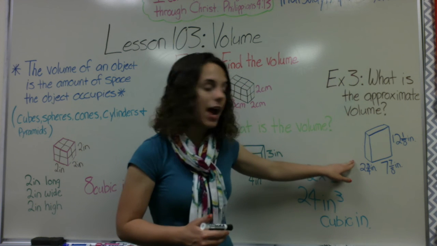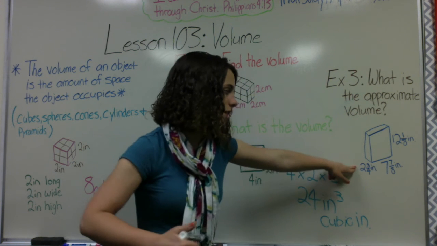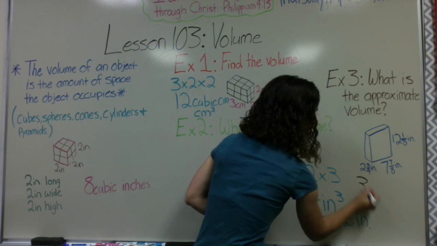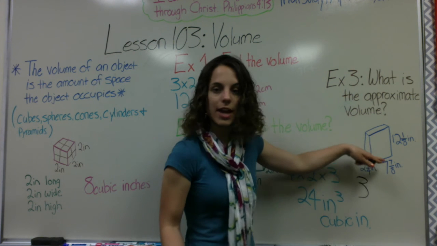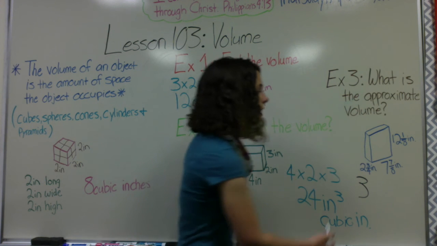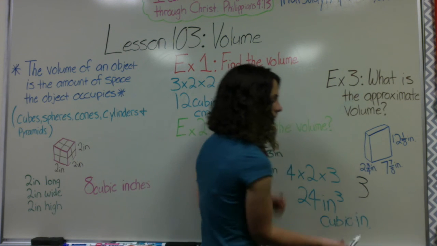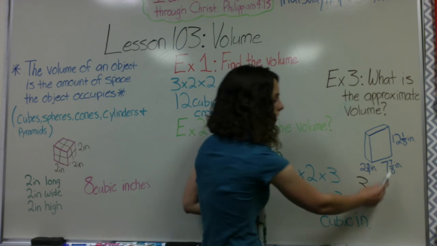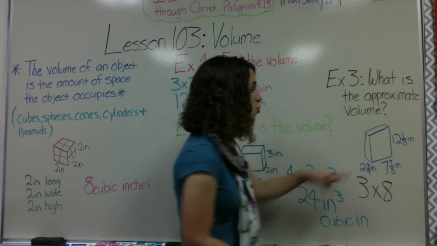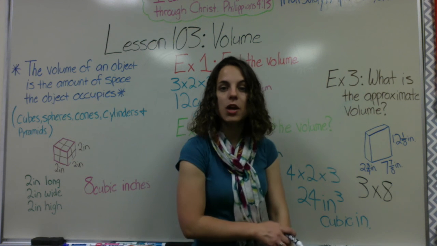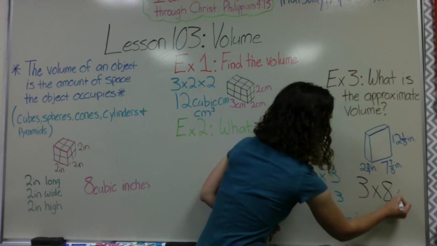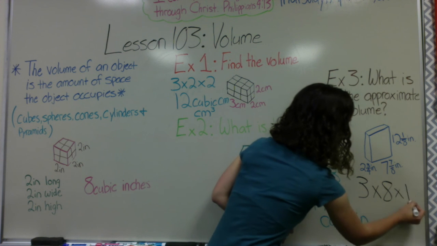I'm going to round that. It's going to be approximately 3 inches because 3/4 is greater than a half. Then I have 7 7/8 inches, which of course rounds to 8 inches because 7/8 is greater than a half. So I'm going to round up to my next whole number. And then I have 12 1/8 inches, which rounds down to 12 inches because 1/8 is less than a half.